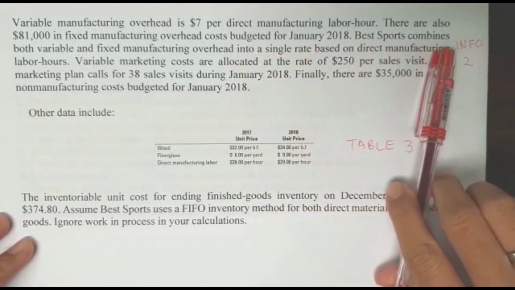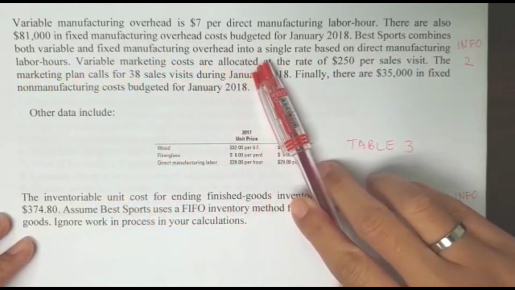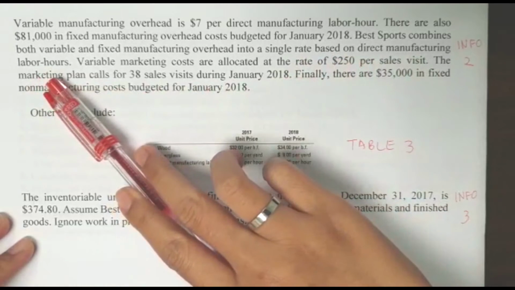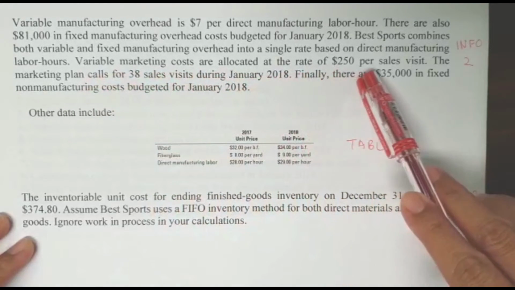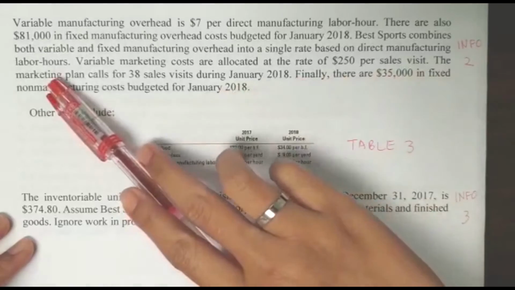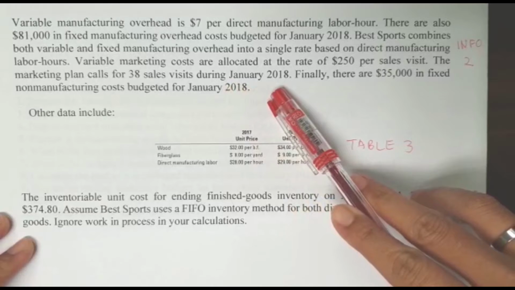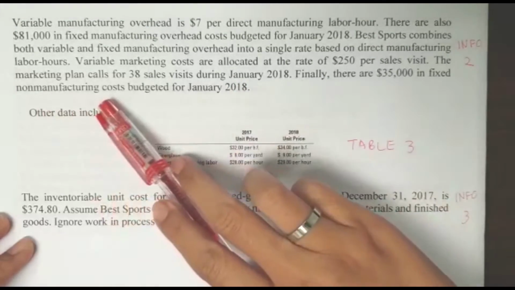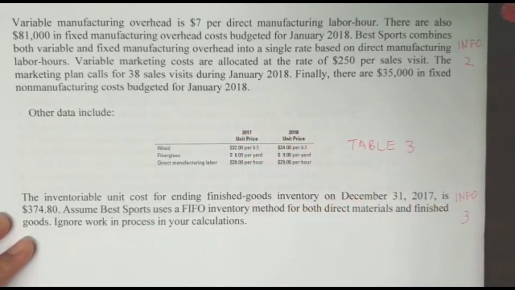Best Sports combines both variable and fixed manufacturing overhead into a single rate based on direct manufacturing labor hours. Variable marketing costs are allocated at a rate of $250 per sales visit. The marketing plan calls for 38 sales visits during January 2018. Finally, there are 35,000 in fixed non-manufacturing costs budgeted for January 2018. Okay, I call this information, information 2.